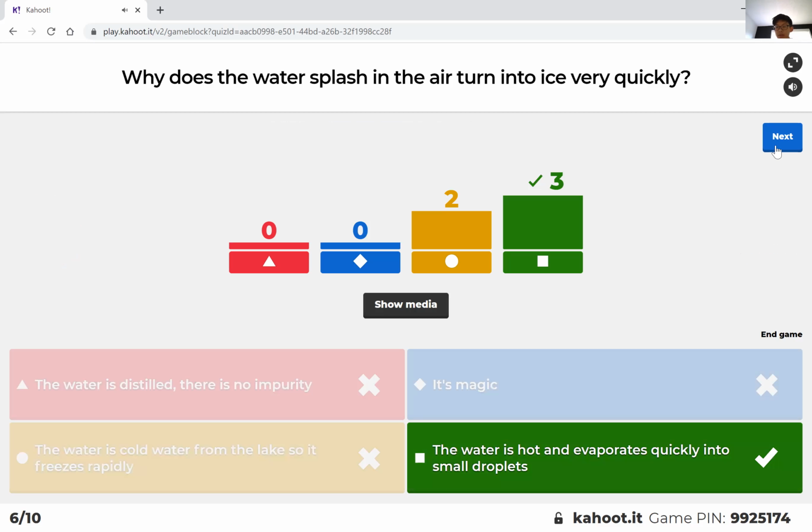The vapor turns into very small droplets, and it condenses fast because it can find particles in the air to condense around.